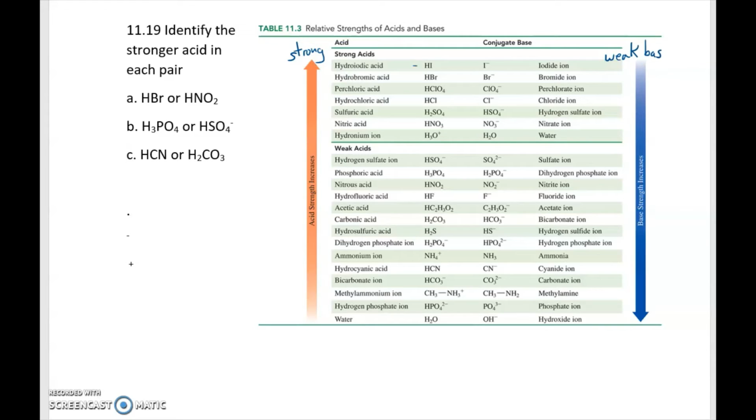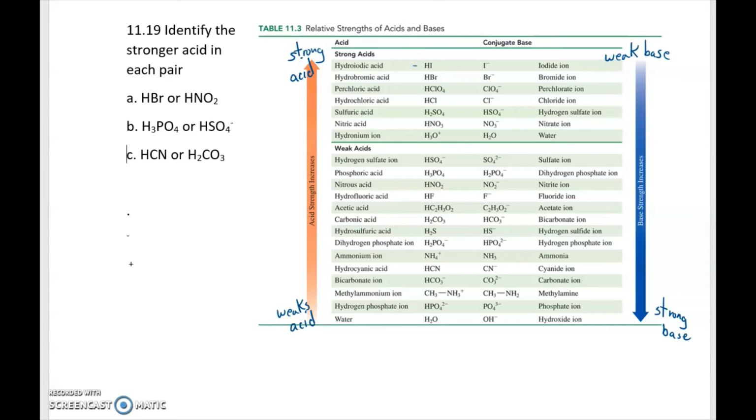So a strong acid will be combined with a weak base. At the bottom of the table, we have our weak acids, like water, combined with a strong base, like the hydroxide ion. I guess I better put acid over here, just so it's not confusing.